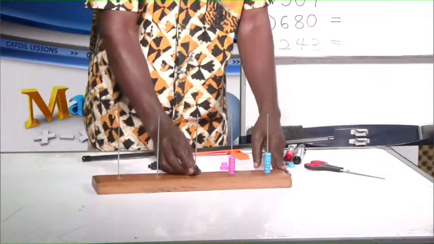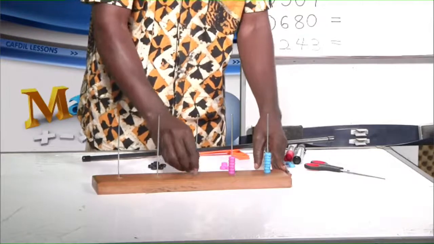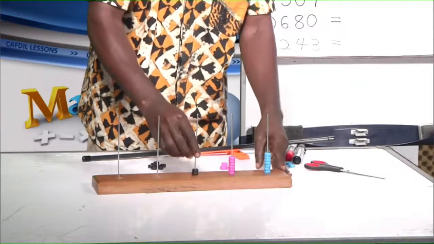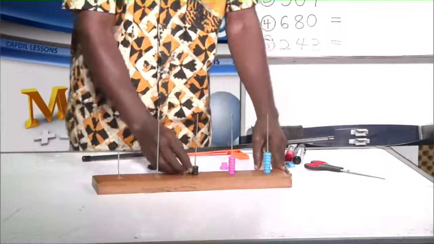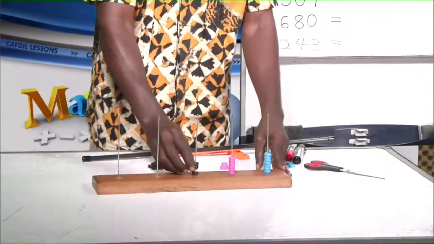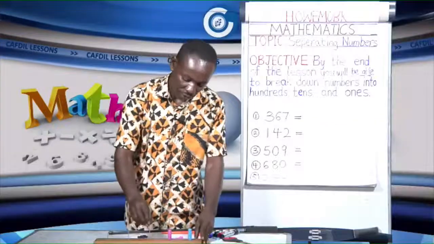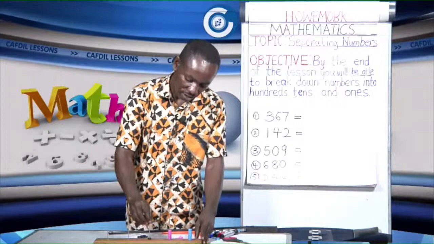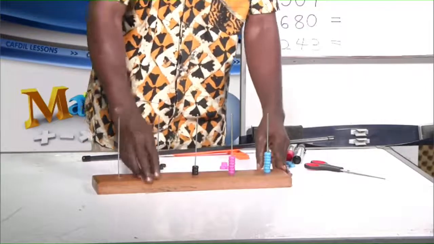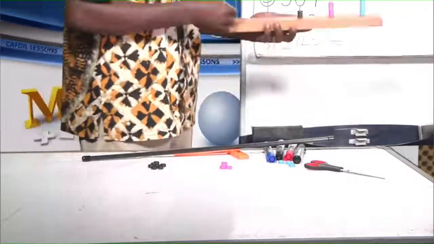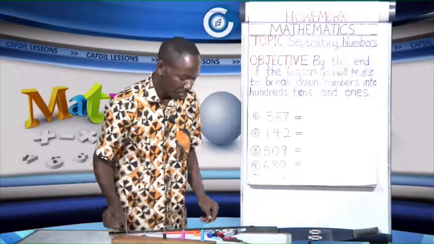For the hundreds column, we have 3 beads. Let's count 1, 2, 3. And since it is under the hundreds column, each bead shows 100. So we have 100, 200, 300.